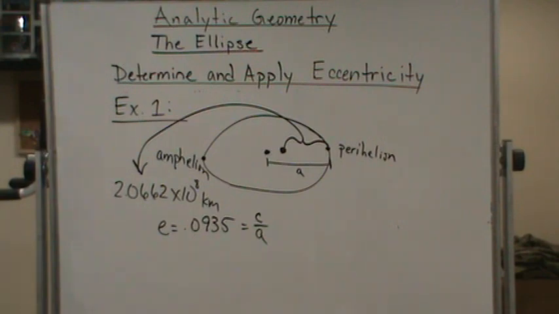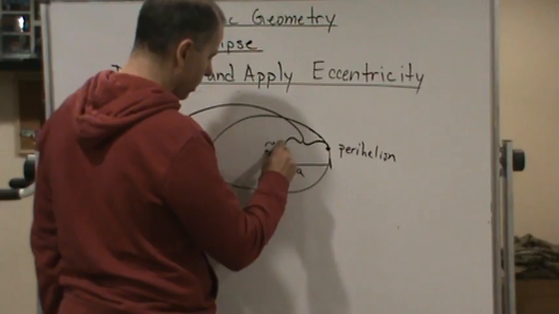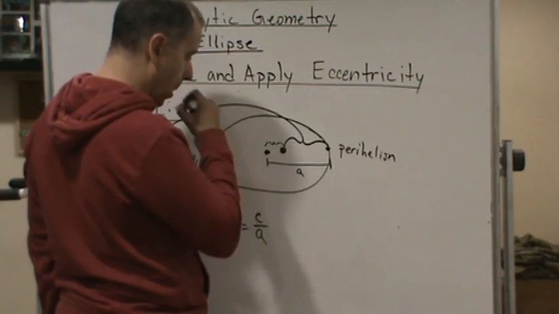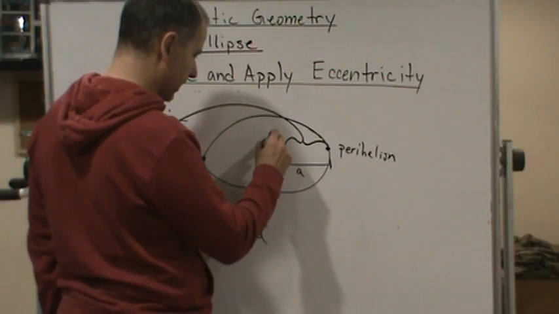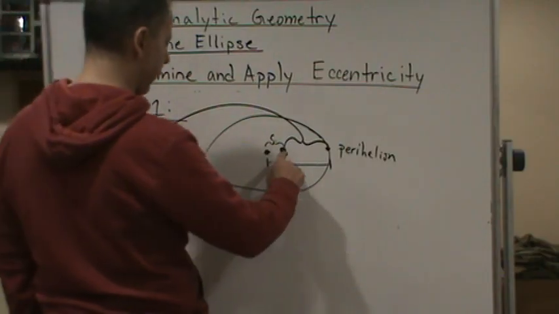And this distance here is C. And we don't know either one of those values, but we do know this, right?